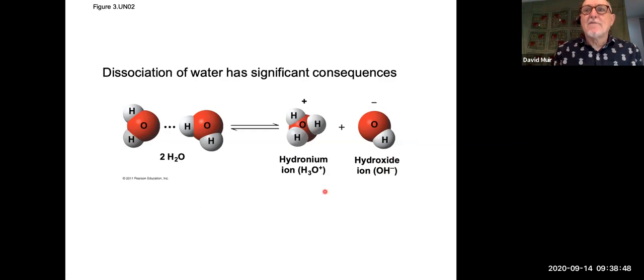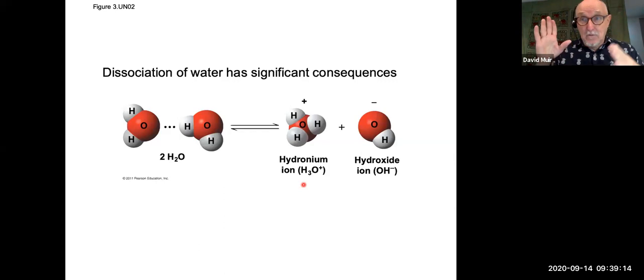Likewise, if I increase the number of hydronium ions, if I increase the positivity of the solution, say I add HCl, hydrogen chloride, hydrochloric acid, I'm adding hydrogen ions to the solution. I begin to make that solution acid.